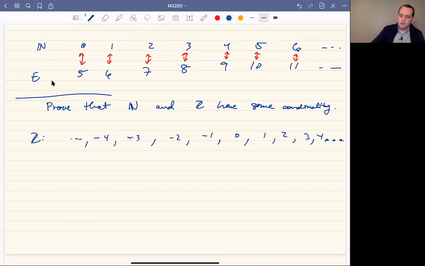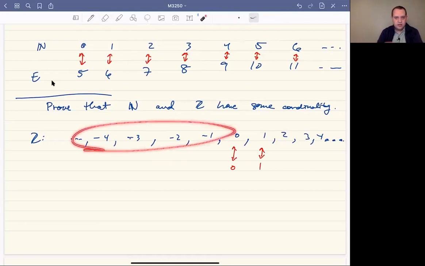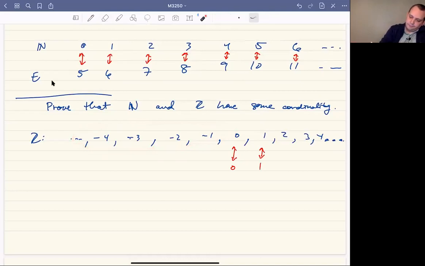One way is that 0 goes to 0, 1 goes to 1. Notice that we could send 2 to 2 and 3 to 3 and 4 to 4 and so on, but that wouldn't be a bijection, because even though it would be 1-to-1, it wouldn't be onto, since there are some values in the integers that aren't the image of any value in the domain.